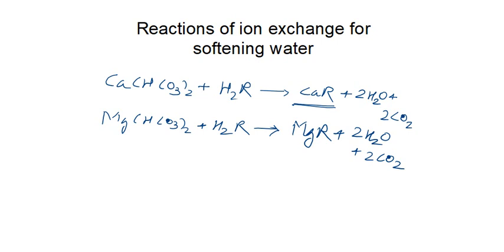If we consider calcium chloride as calcium permanent hardness in water, that also gives the same result. Here twice NaCl is formed.